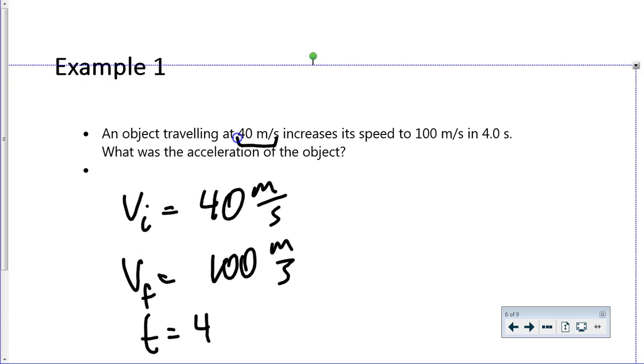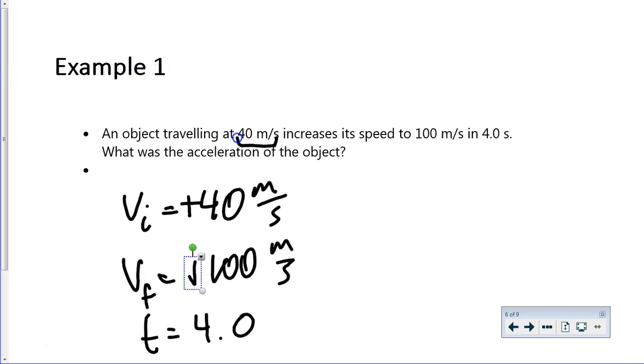Now, for this question, V is supposed to be a vector. The question does not explicitly state a direction. If it doesn't explicitly state directions, we assume that they are the same direction. We will assume that these are positive, and we will proceed as such.